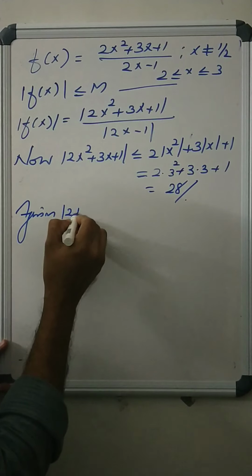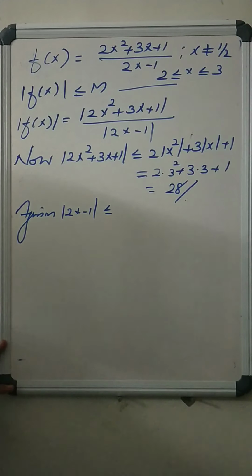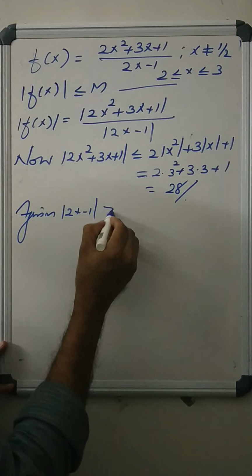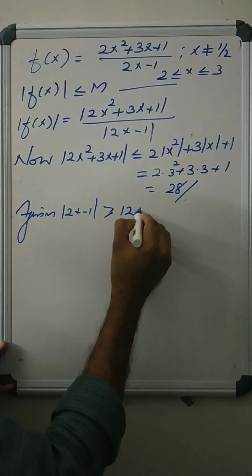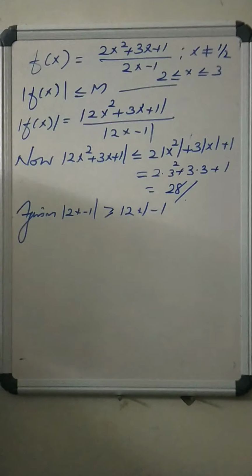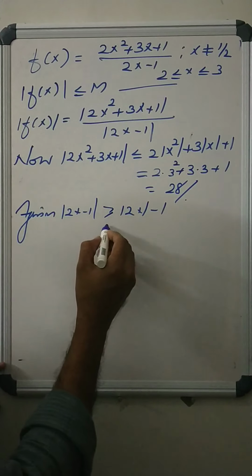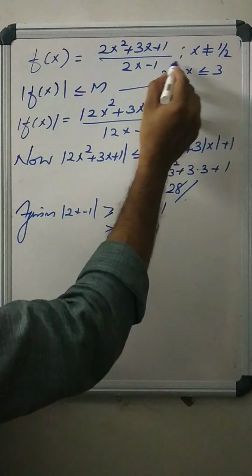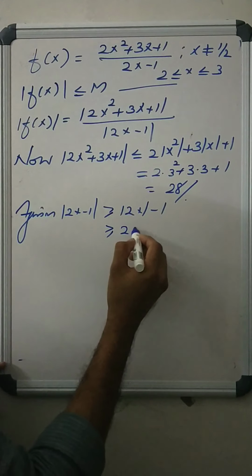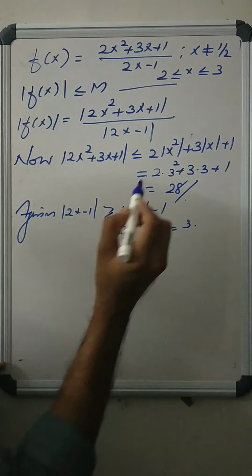Again, consider modulus of 2x minus 1. Mod 2x minus 1 is greater than or equal to 2 into the least value of x, which is 2, minus 1, so 2 into 2 minus 1 equals 3.